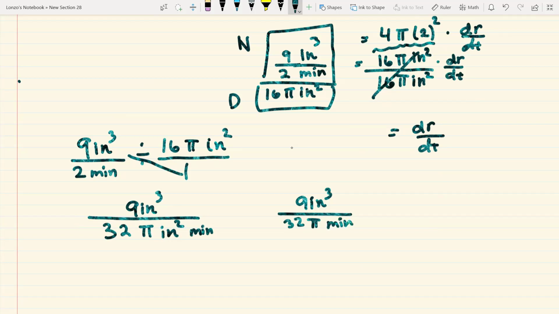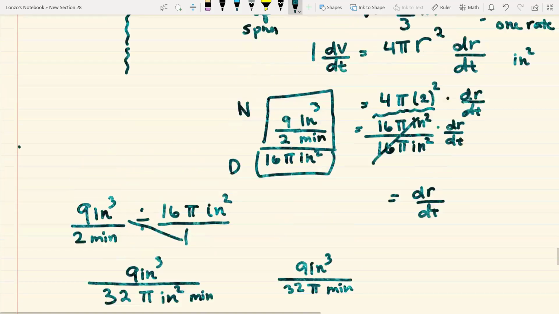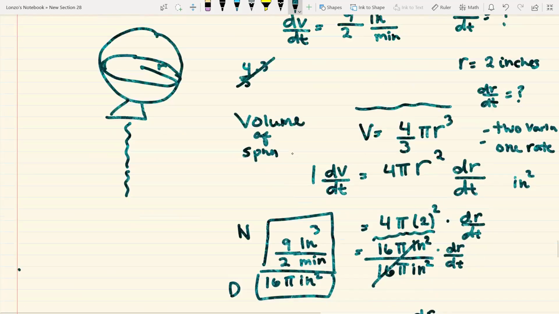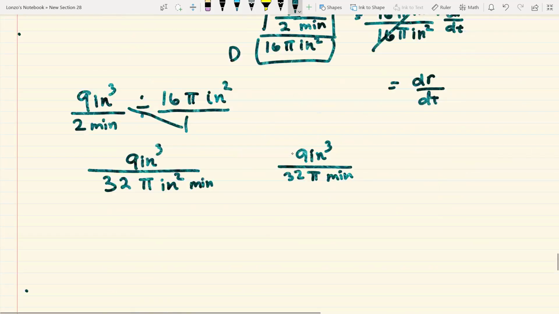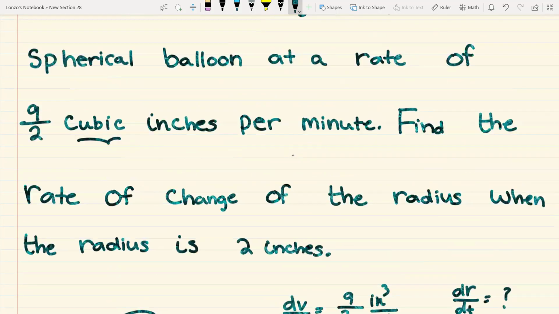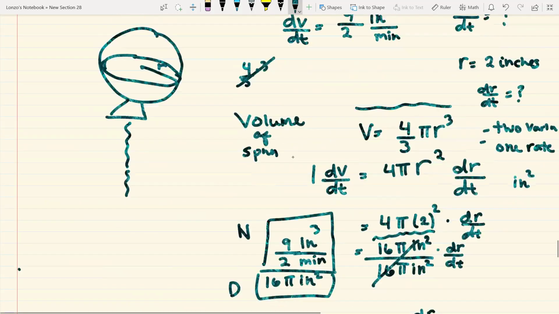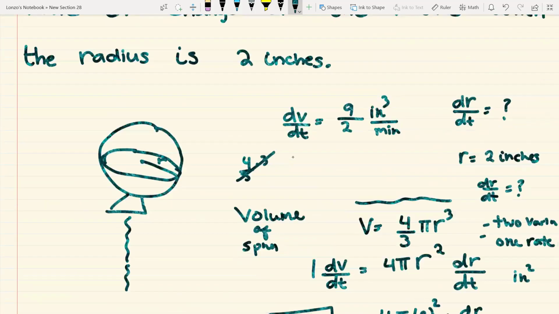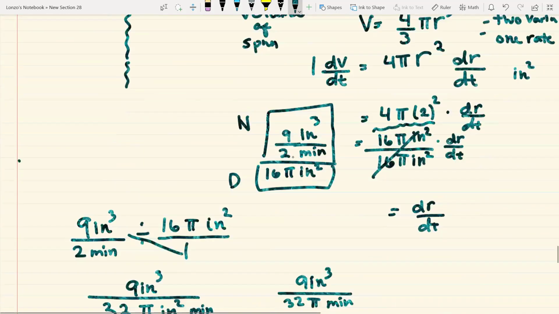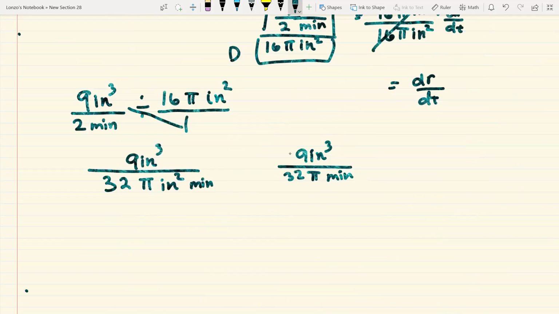I kind of messed up, I don't know what I did, but the radius is 2 inches, because they're asking to find the rate of change of the radius when the radius is 2 inches. Find the rate. Yeah, this is right. I was confused.